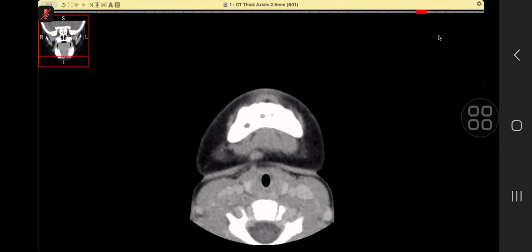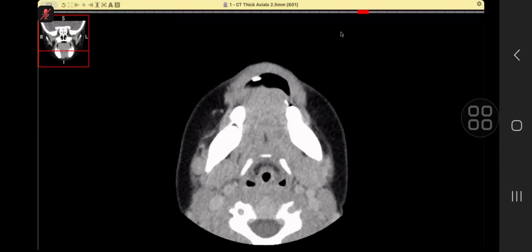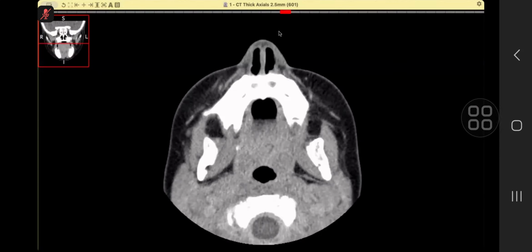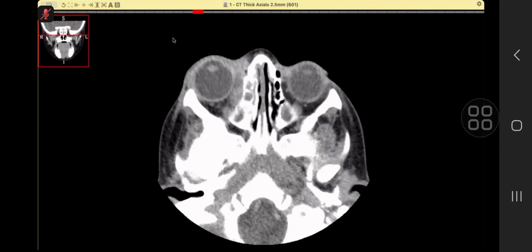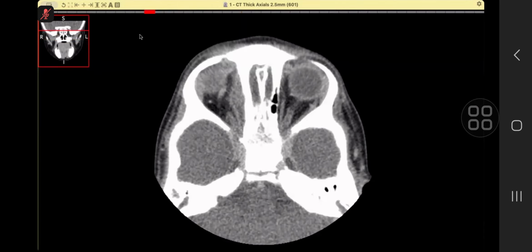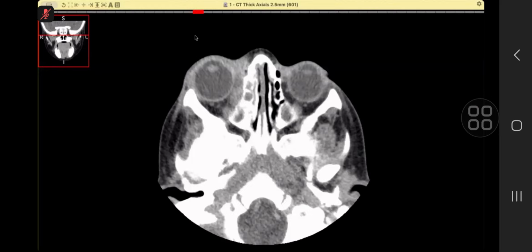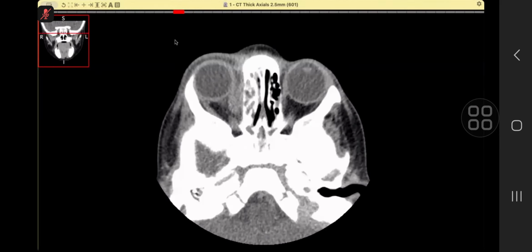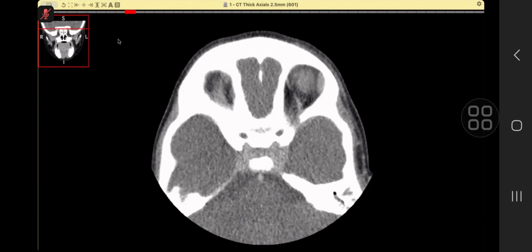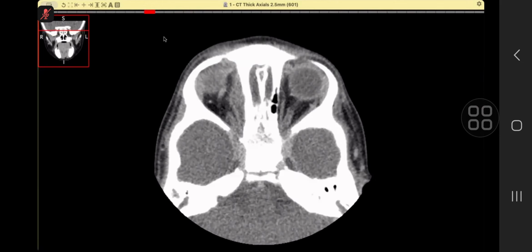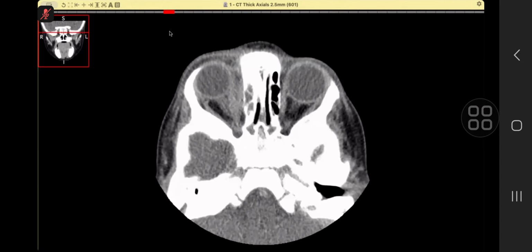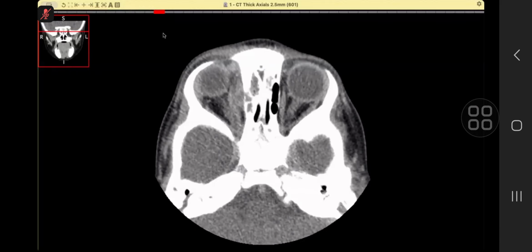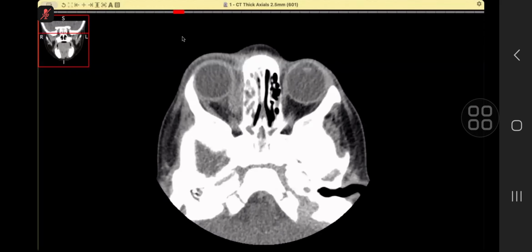I'm looking at the rest of the images. The left orbit appears unremarkable. There is also opacification of the right ethmoid cells. The right optic nerve appears to be mildly displaced.